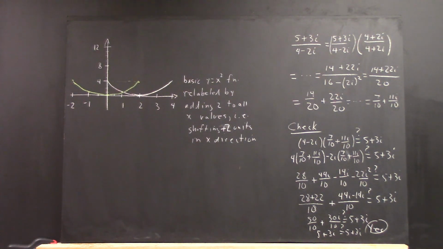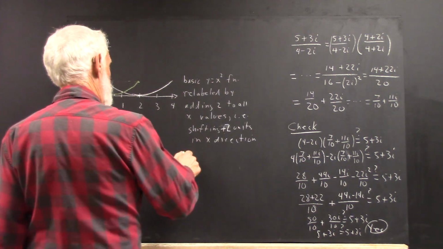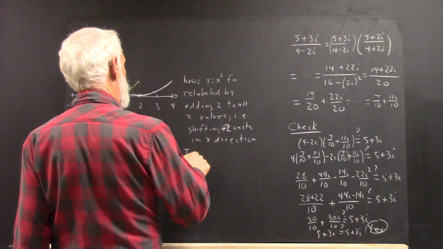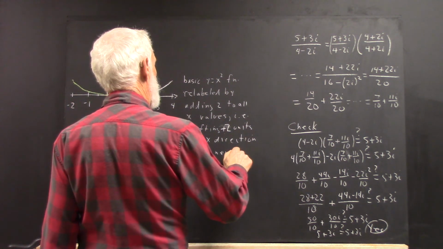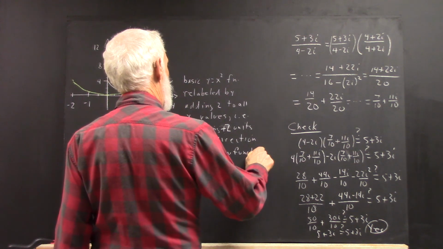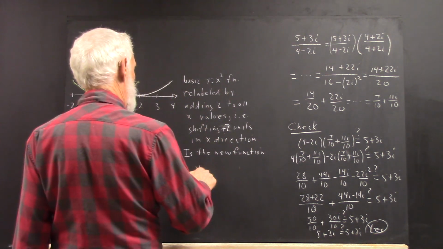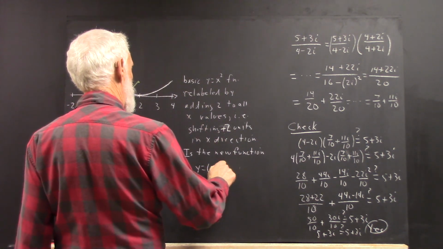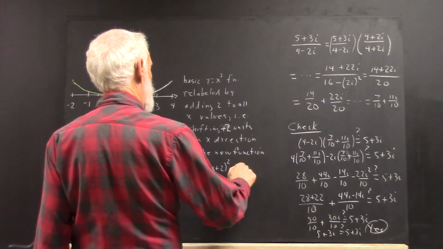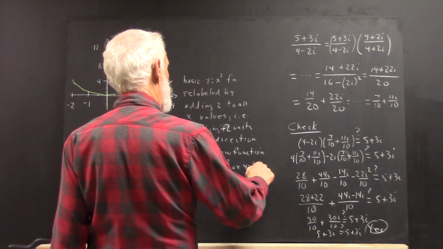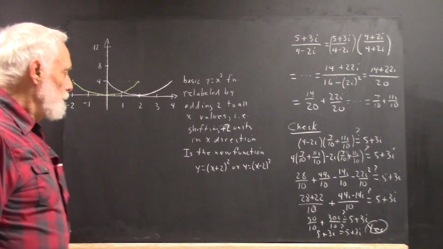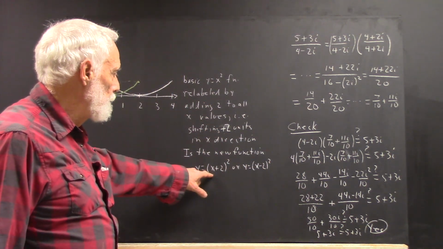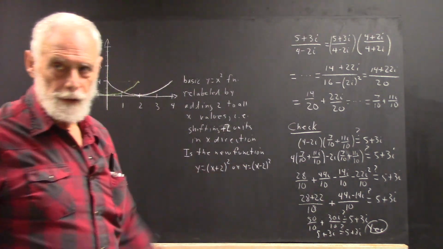Okay? What's the equation for the function? So is the new function y equals x plus 2 squared or y equals x minus 2 squared?